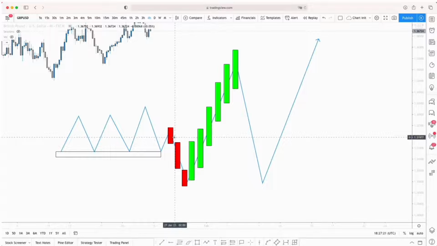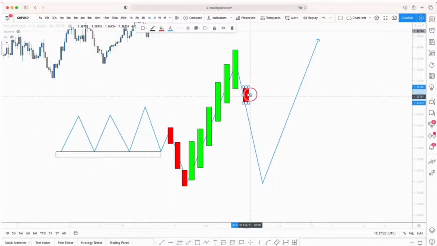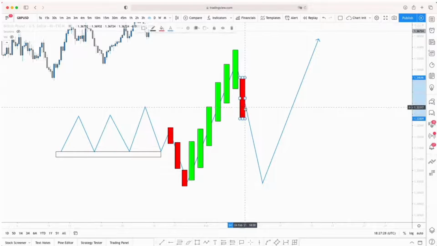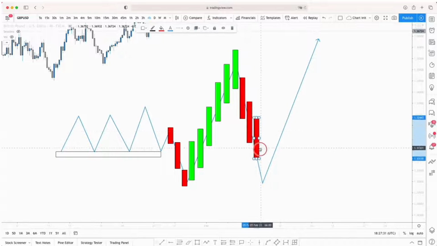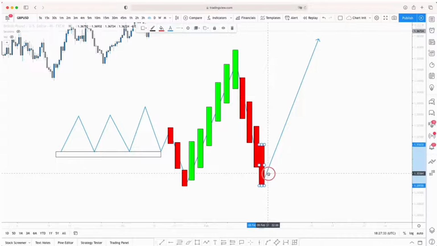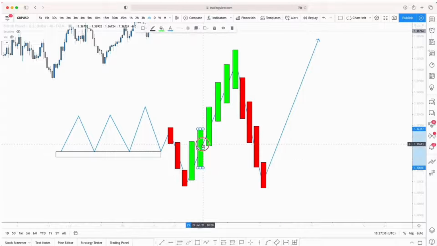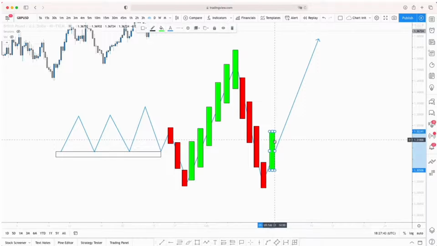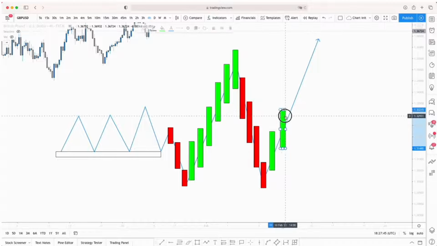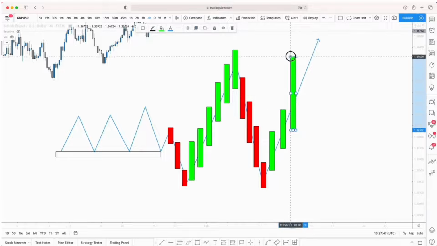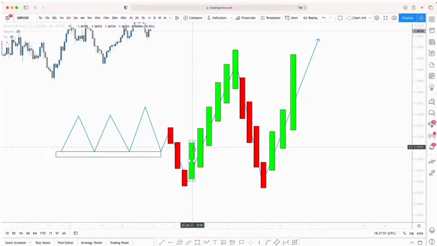And then what happens is price comes and it comes back down. And then it shoots back up again. There we go. Okay, and so on. Now, this push down before the push up is the first footprint.